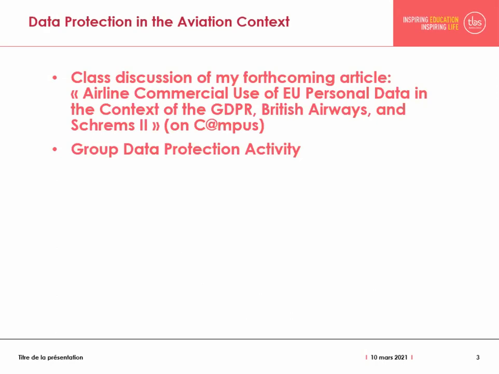The binding corporate rules are usually between a parent company and a subsidiary, or between two affiliates in the same corporate group. The standard contractual clauses are often used between processors, or between controllers and processors, that aren't in the same group. So these two exist, but the court in Schrems 1 invalidated the safe harbor.